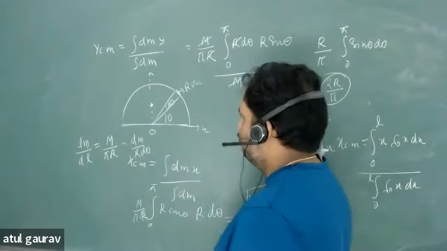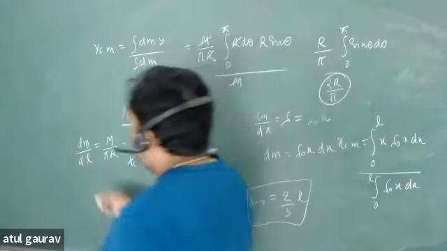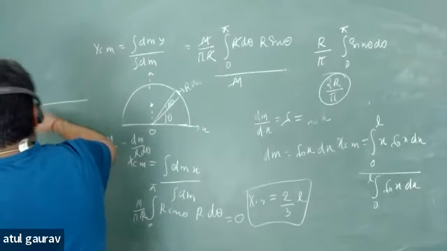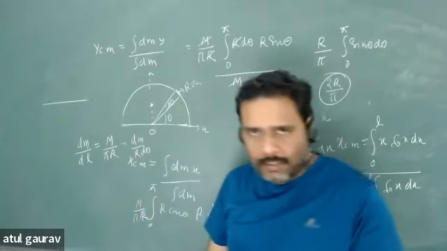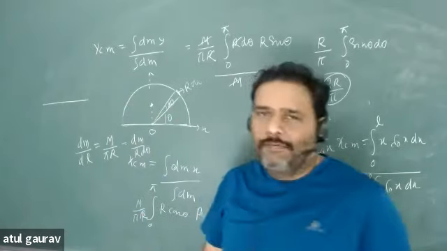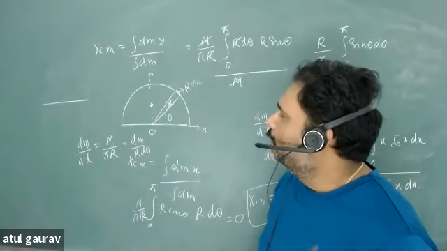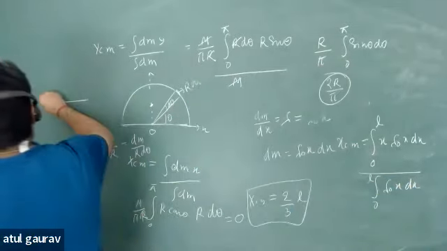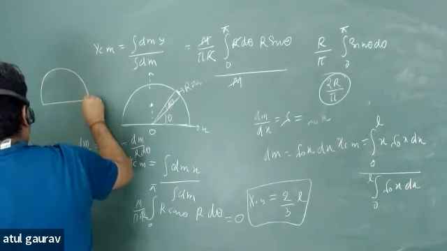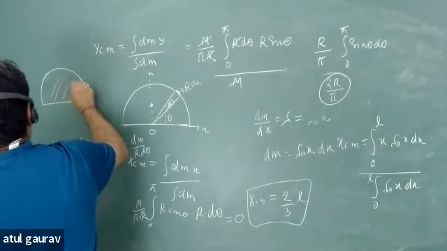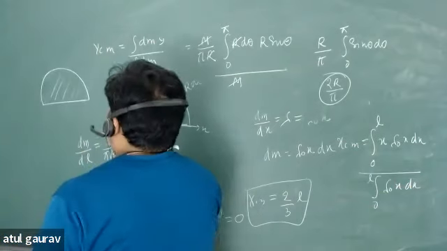So I will give you one homework, and tomorrow I will complete it, and I will also complete moment of inertia. Not very fast, same pace I will maintain. So let's try to calculate the center of mass for a semi-circular disk.